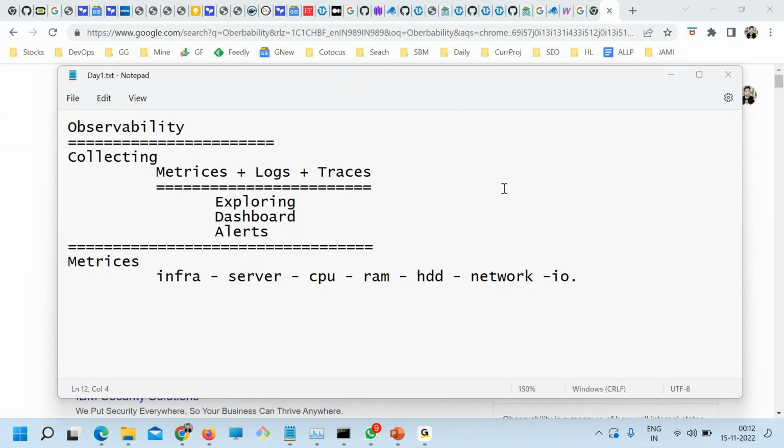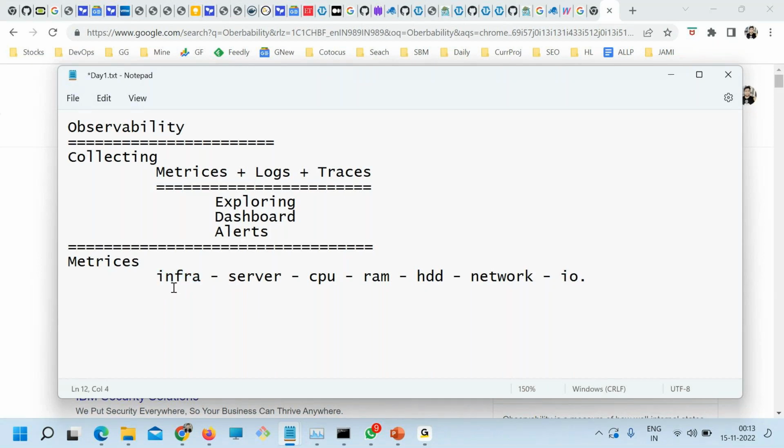My question is, what would you say the difference is between metrics and logs? Yes, that's what I'm going to tell you. Metrics are something like CPU, RAM, hard disk metrics, network metrics, input and output metrics. Those come from the infra.